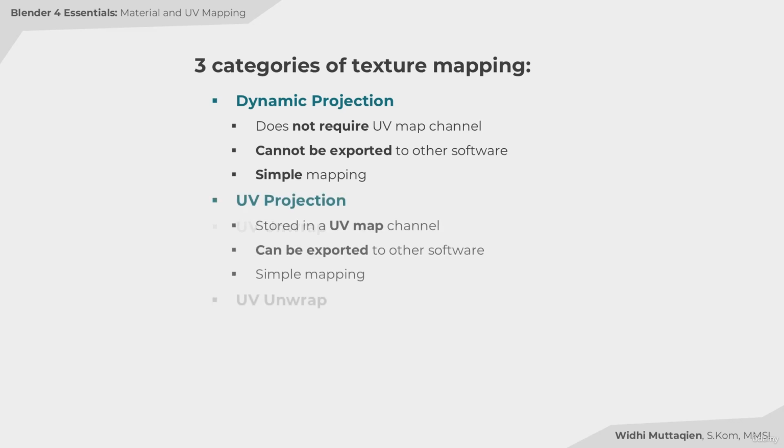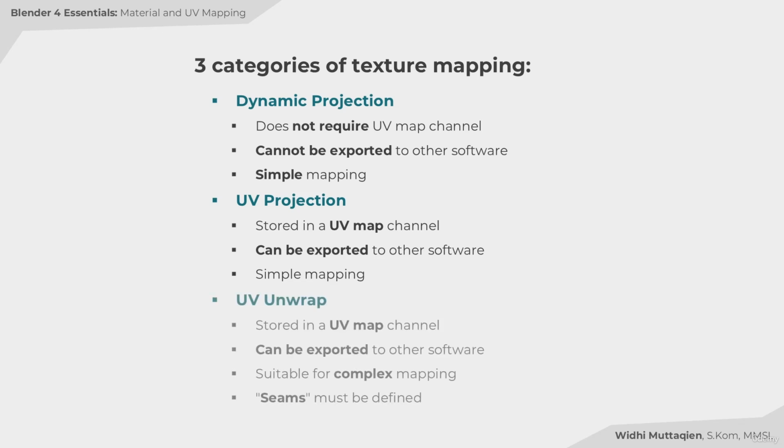The second category is the UV projection method. Basically, it is a projection method like before, but the result of the projection is baked or stored inside a UV channel of the model. So, you can export the model to any software without any problem. The last one is the UV unwrap method. This is the most advanced method that can be used on complex models with complex textures.